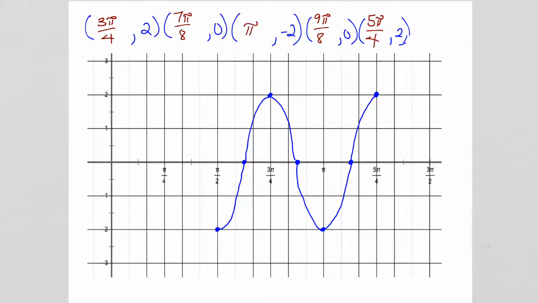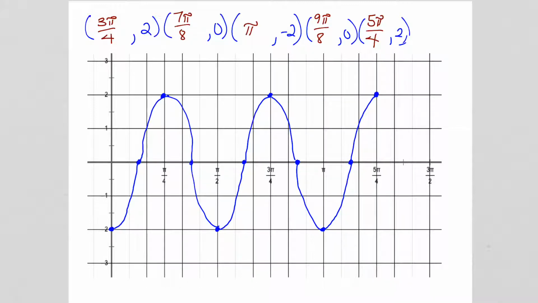And then pi over 4 will be back at 2. And then here we'll be back at 2. There we go.